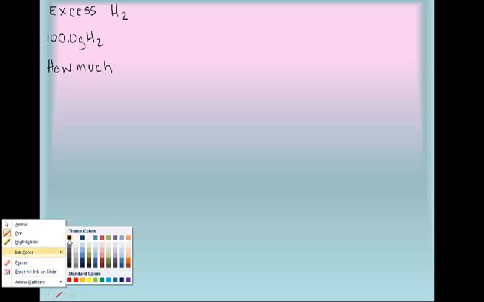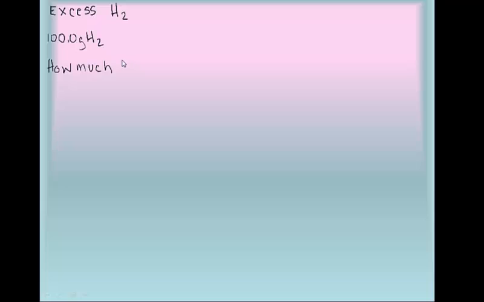So I'm going to figure out how much hydrogen gas was used to produce the least amount of product, and the least amount of product was the 121.6 grams of ammonia.